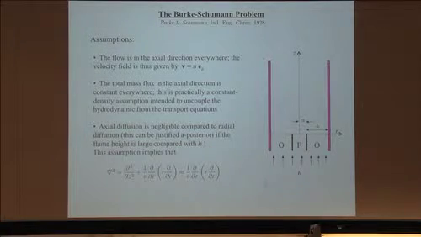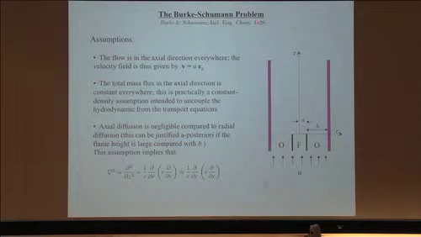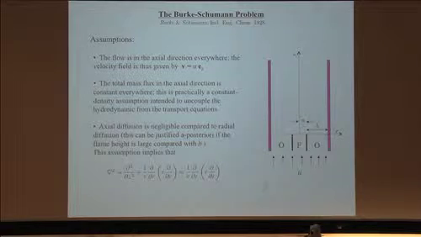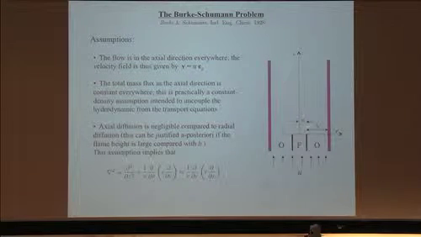Now, the next problem I want to quickly discuss is the Burke and Schumann problem, which, as I said earlier, was discussed by Burke and by Schumann in the late 1920s. And here is the problem. The configuration is such that you have two coaxial tubes.